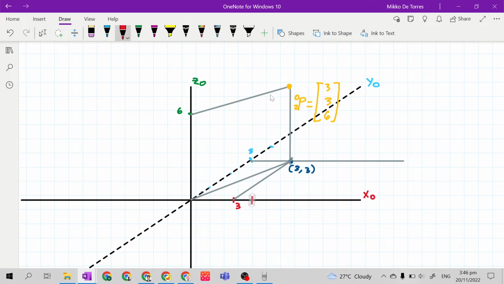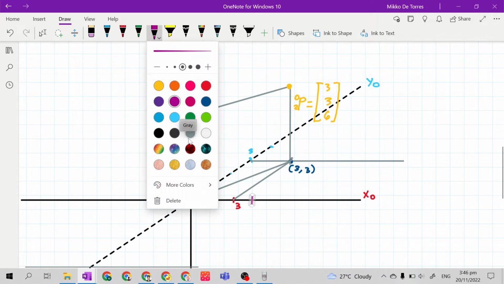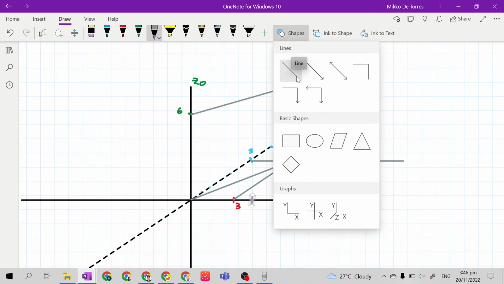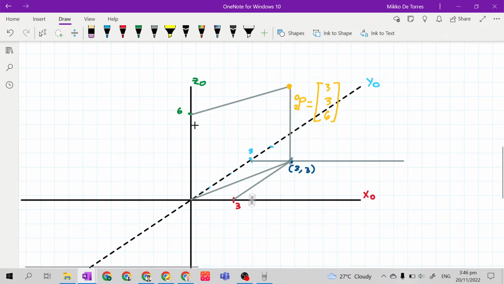Then we will plot the direction x using a line. It will look like this.